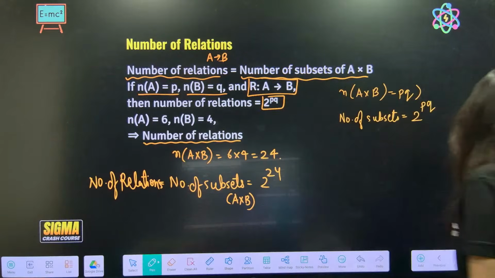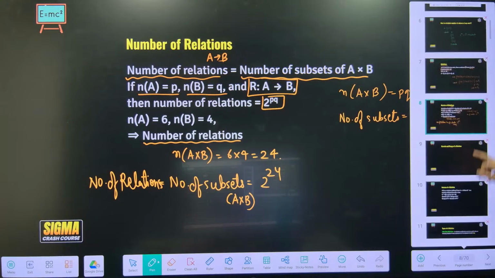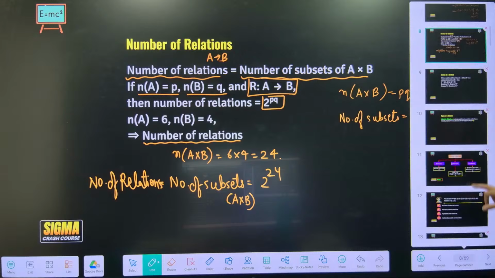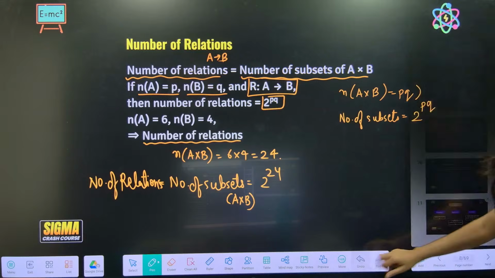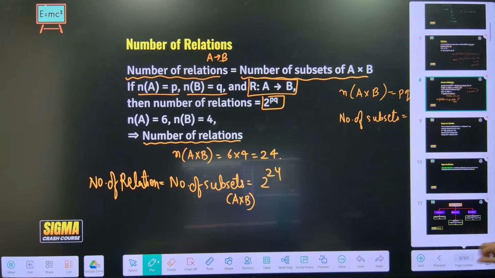Okay. So this is the basics of relation. Now, suppose a relation R is given to you.